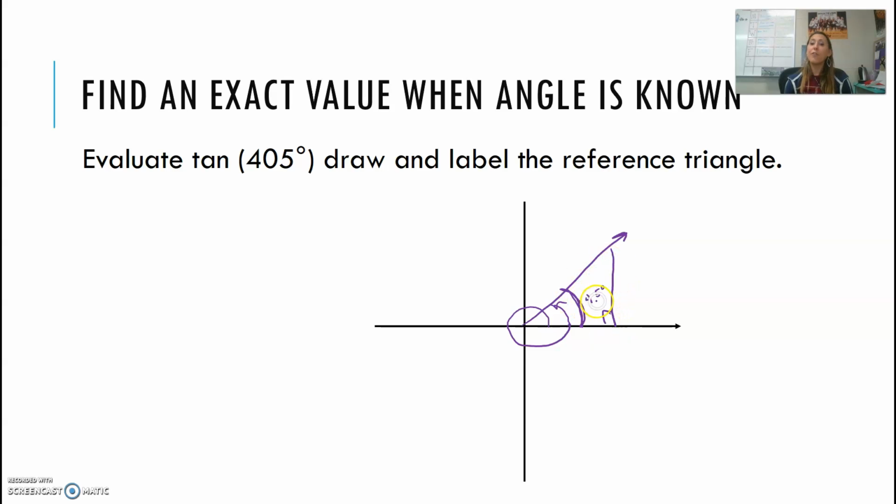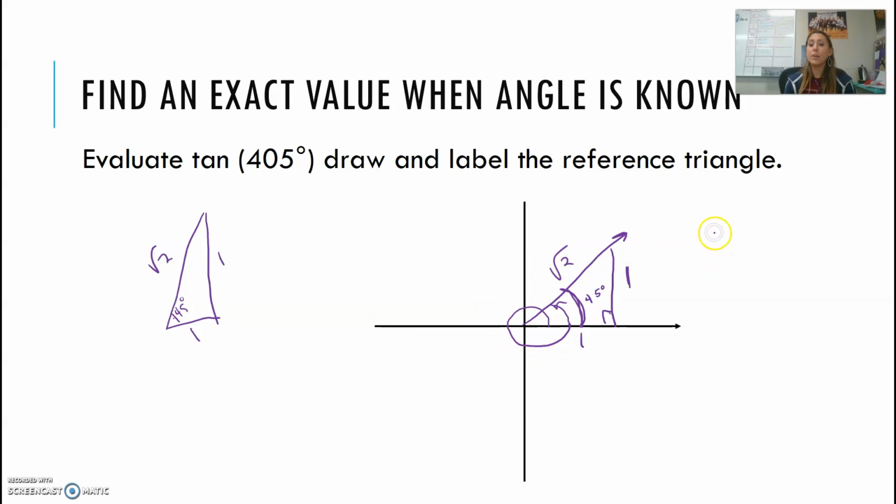I have a 45, 45, 90 degree triangle, so we know this triangle. I know that this is 1, this is 1, and this is the square root of 2, because this is 45, which means that's 45. I am positive this way, so I'm going to go over 1. I am positive this way, so this is 1, and my hypotenuse is the square root of 2.